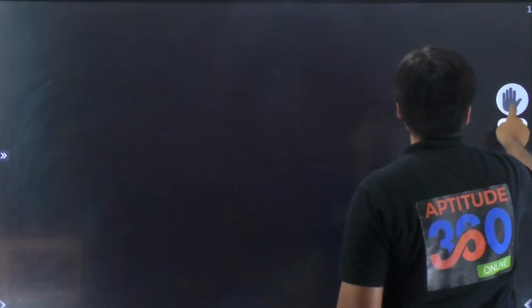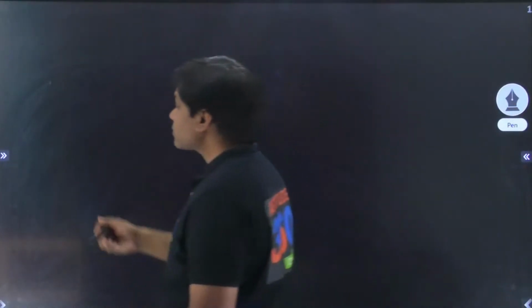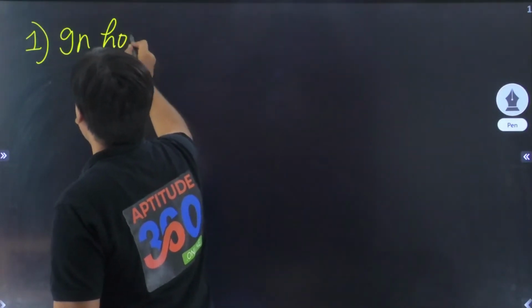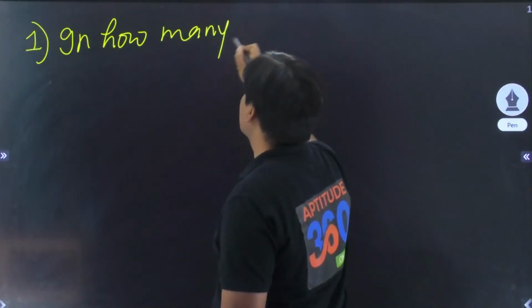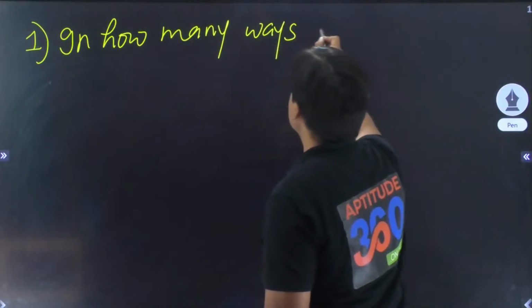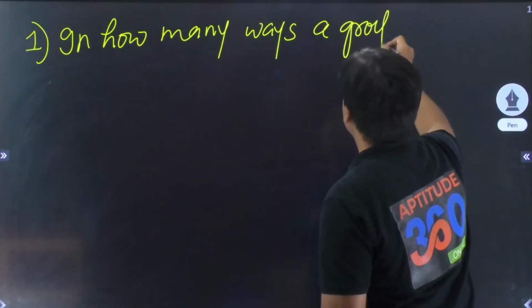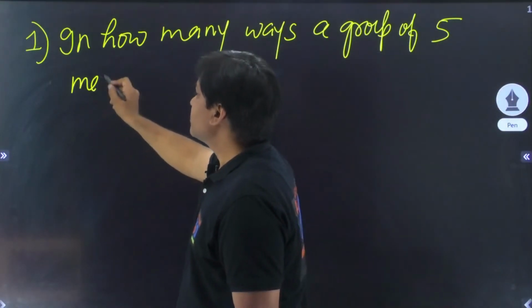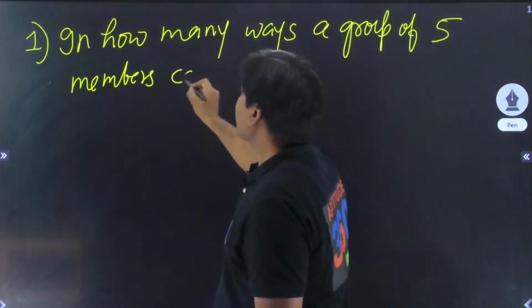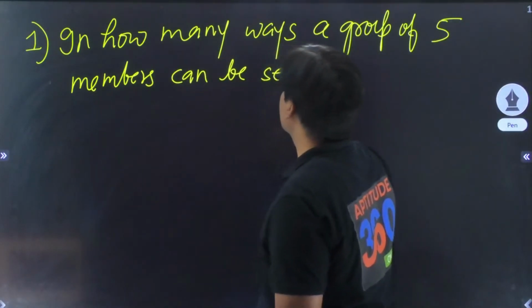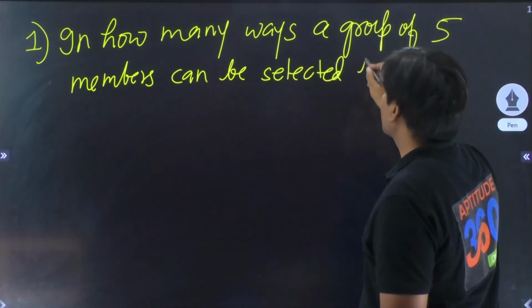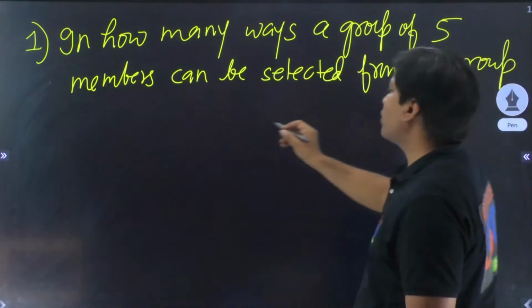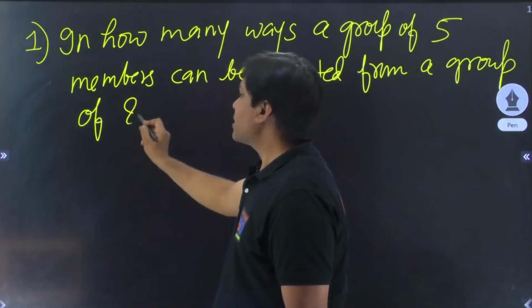The very first problem. In how many ways a group of 5 members can be selected from a group of 8 persons?